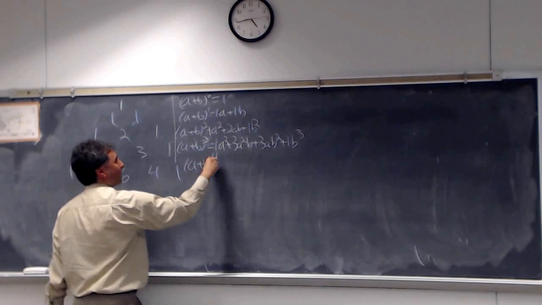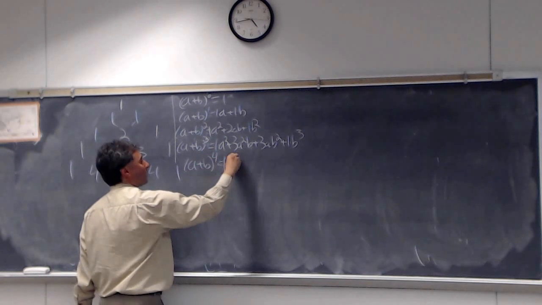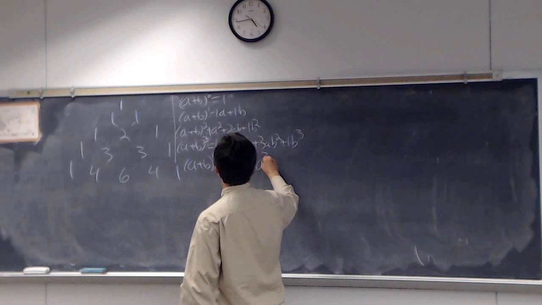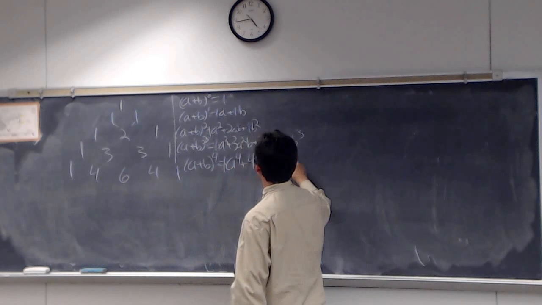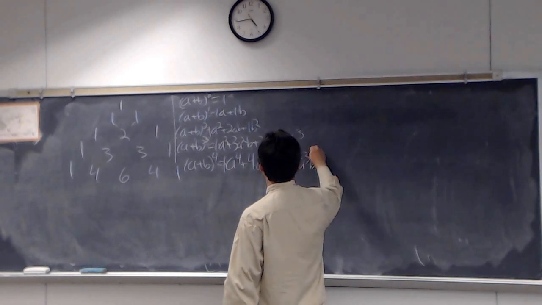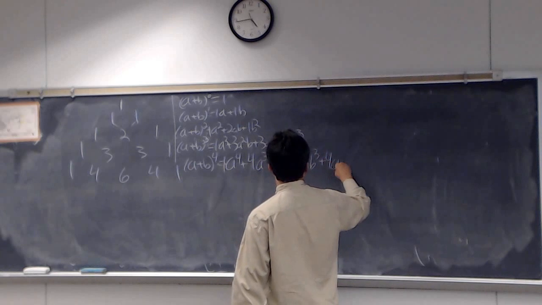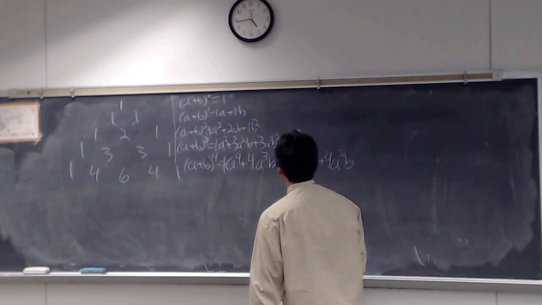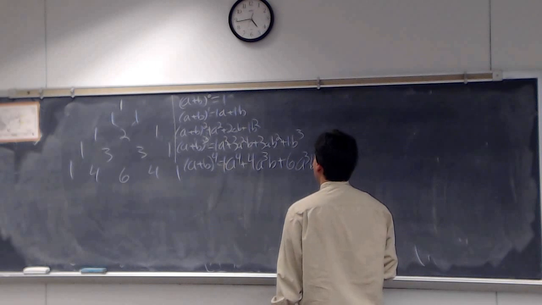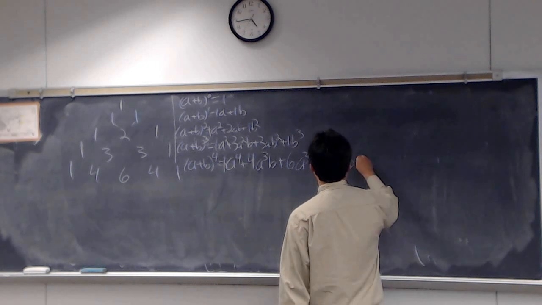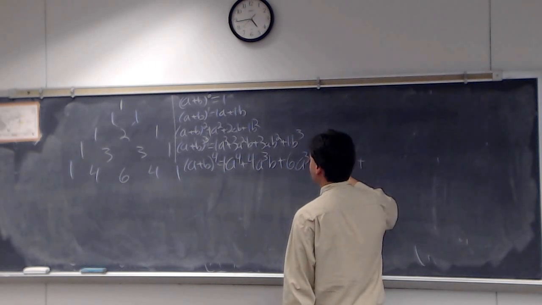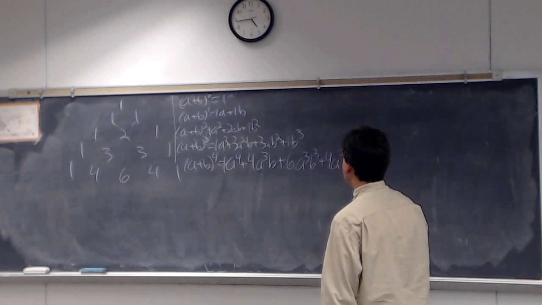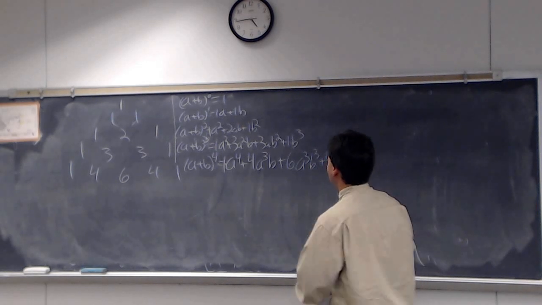So (a+b) to the 4th would be 1a to the 4th plus 4a cubed b plus 6a squared b squared plus 4ab cubed, and finally plus 1b to the 4th.